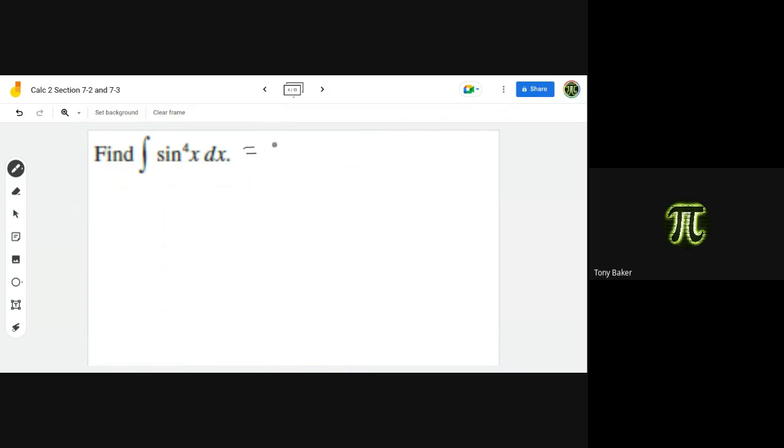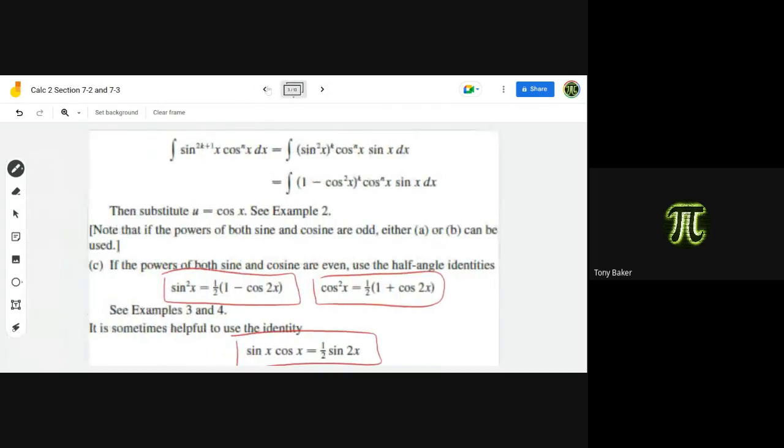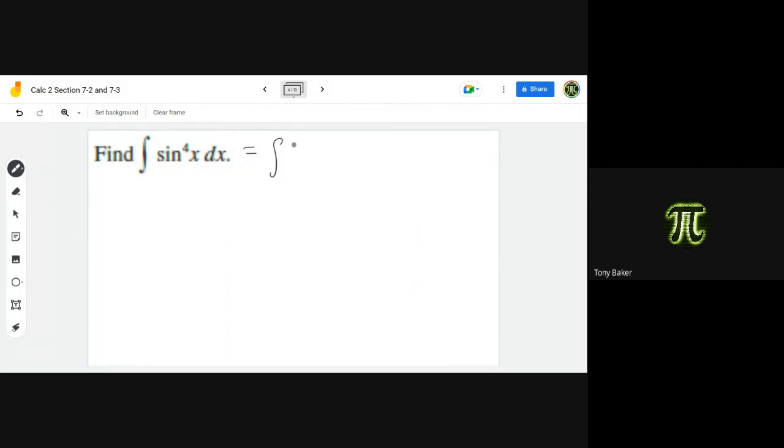So I can change this. So remember, sine squared x is 1/2 times 1 minus cosine 2x. So I can change this to 1 minus cosine 2x, squared, dx. Because this is sine squared x, squared.